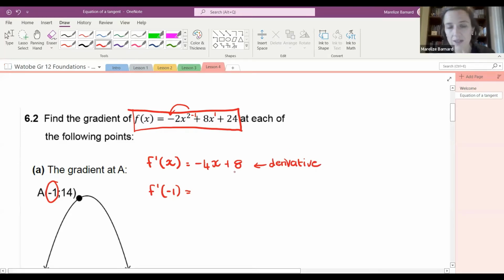This equation we can use to find the gradient at any point on the graph. And this particular point is minus 1. So we sub in minus 1, and we get 4 plus 8, and that is 12. So the gradient at this point is going to be 12.